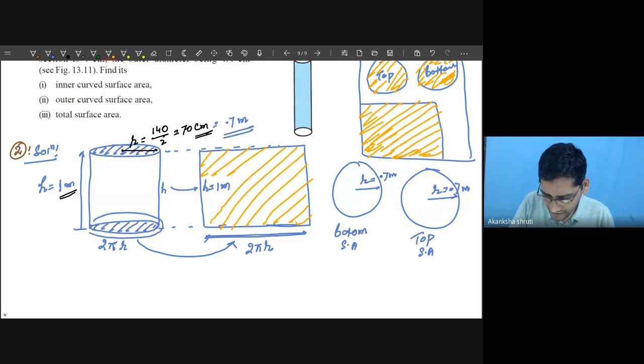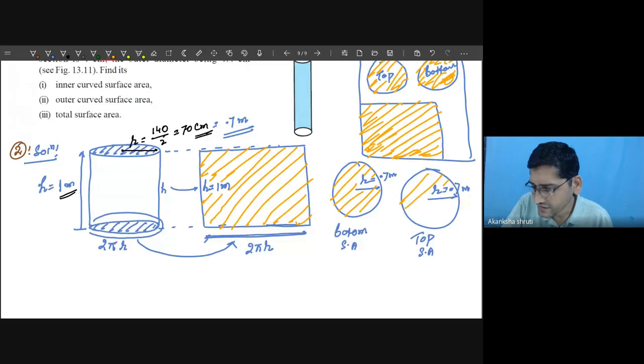So one is this rectangular area, another is this circular area, and this circular area. Questions are very easy.